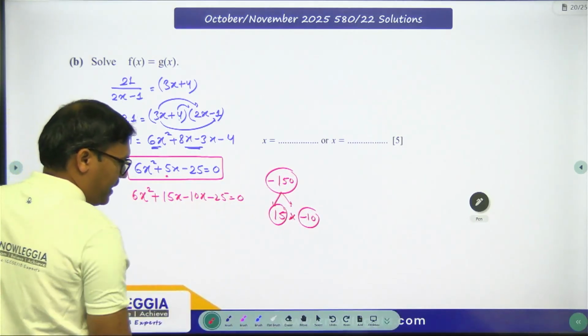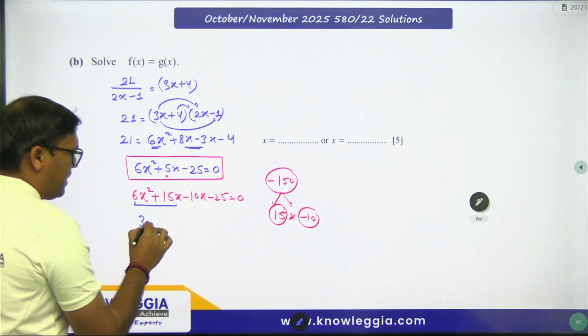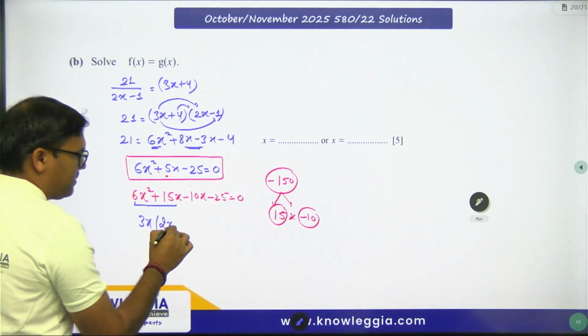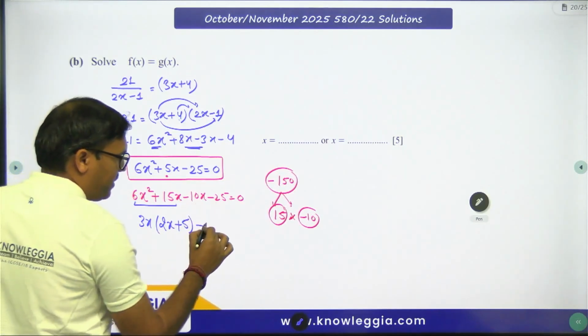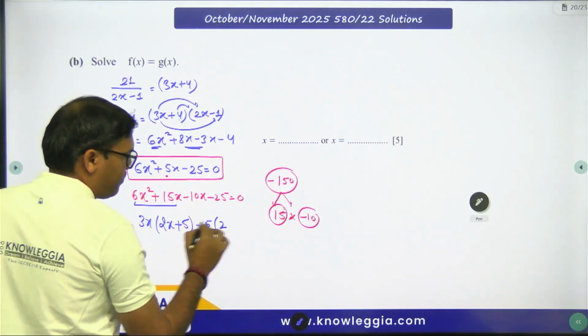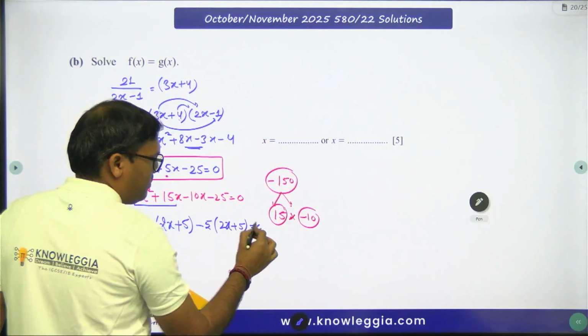Now just take out the common terms. If I take these two, 3x is common. So what is left? 2x plus 5 is left. And if I take negative 5 common, what is left is 2x plus 5, equal to 0.